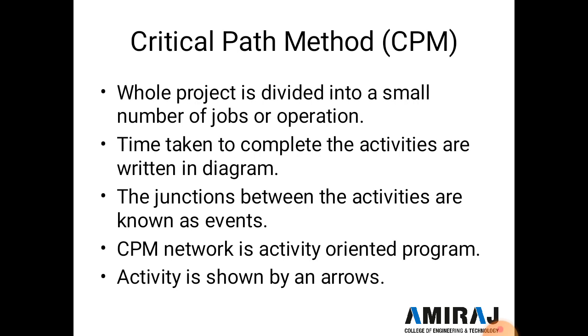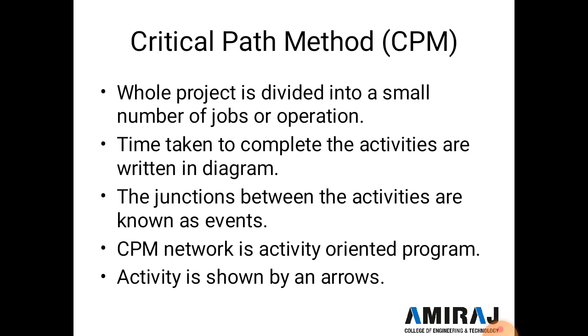One of the differences asked in the GTU examination is: write the difference between CPM and PERT. So the CPM network is an activity oriented program, and an activity is shown by a simple arrow. There are two events in an arrow, head event and tail event.